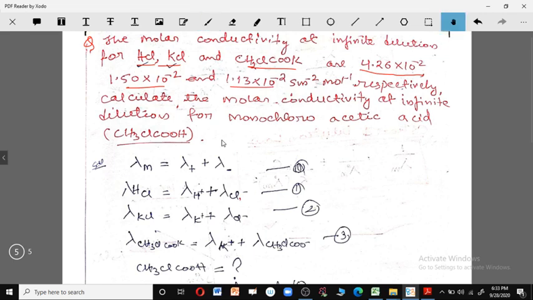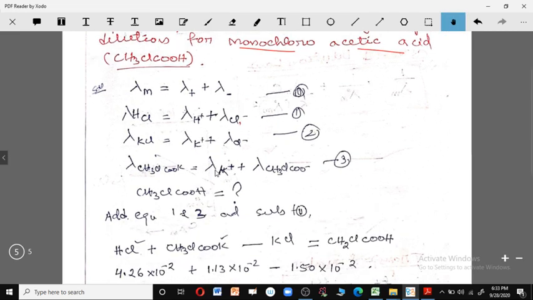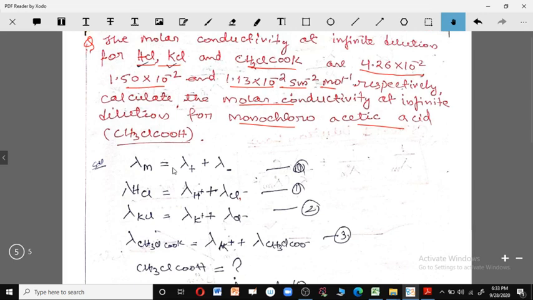You have to calculate the infinite dilution value for monochloroacetic acid. Here also lambda m equals lambda plus plus lambda minus, which is the formula for molar conductivity from Kohlrausch law.